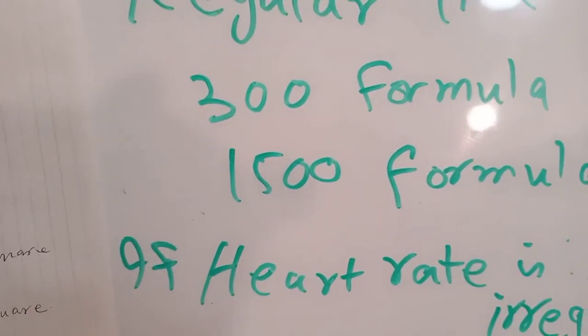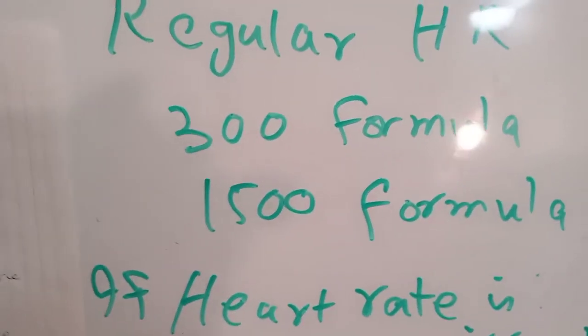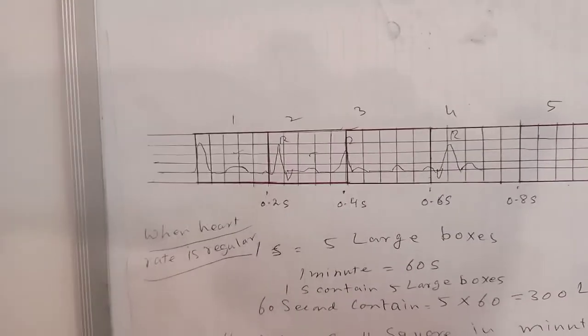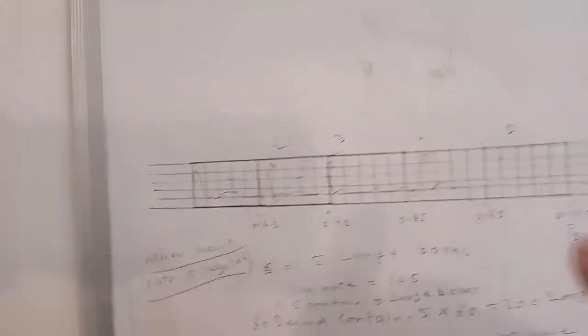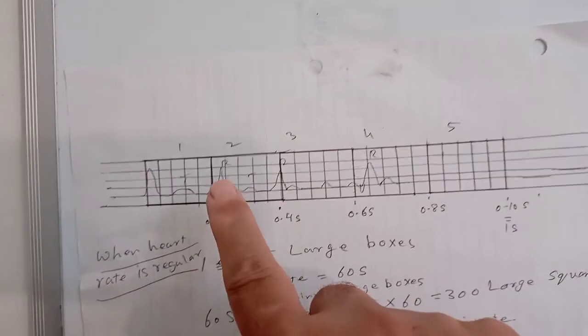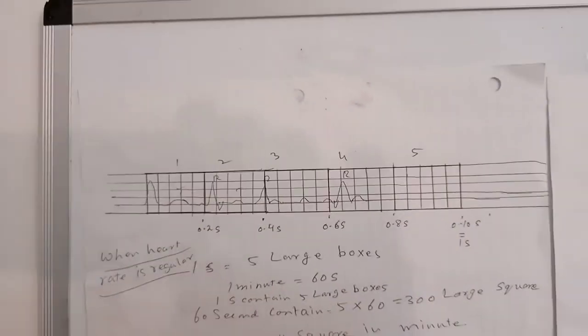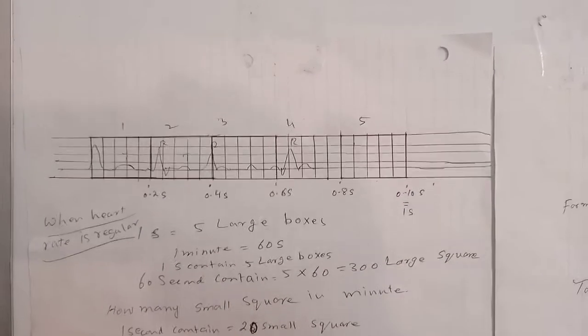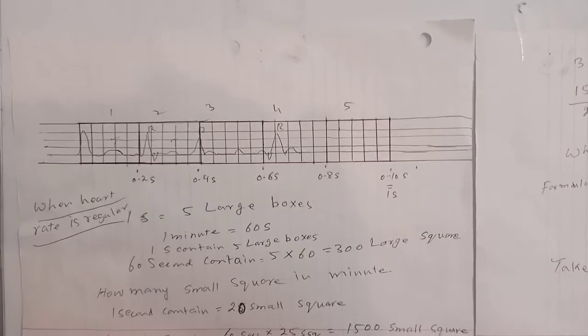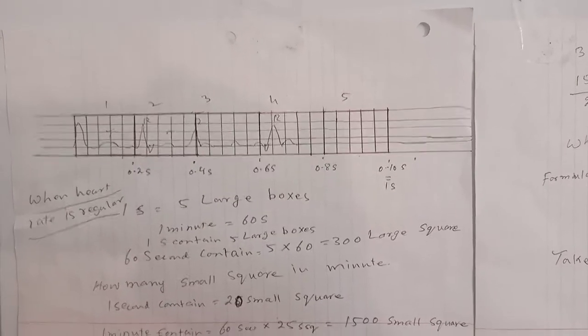If we are using the 300 formula, we have to count the number of large squares between R and R. And if we want to apply the 1500 formula, then we have to count the number of small squares between R to R.